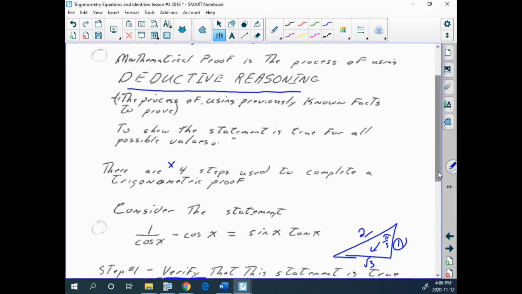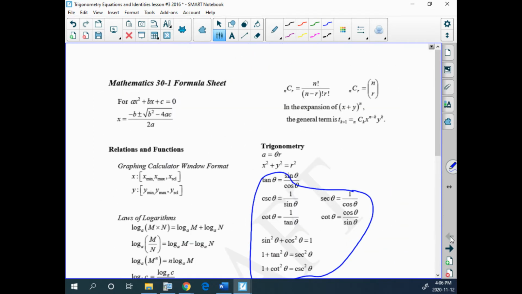The 1 minus cos squared x is very familiar. This guy here, I subtract cos squared x from both sides, and I end up with this. So I can take that, what I've seen on that other page, and replace it with sine squared x.